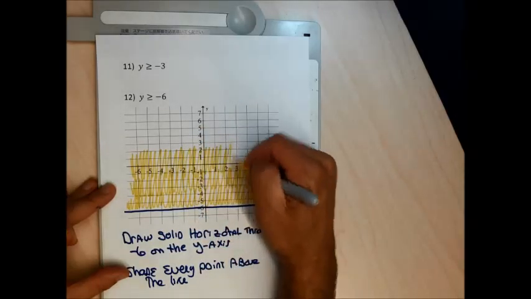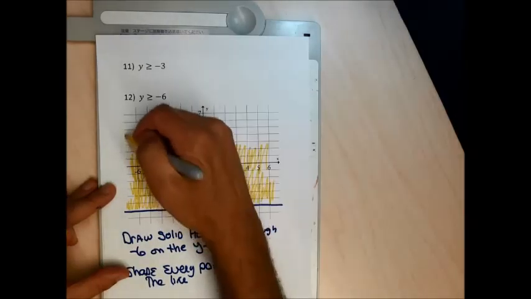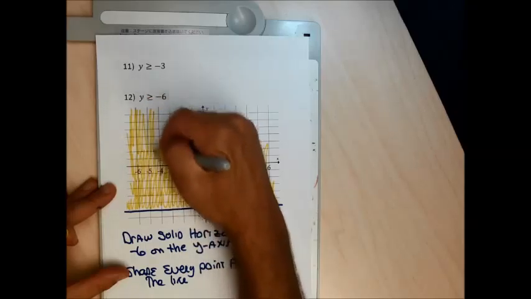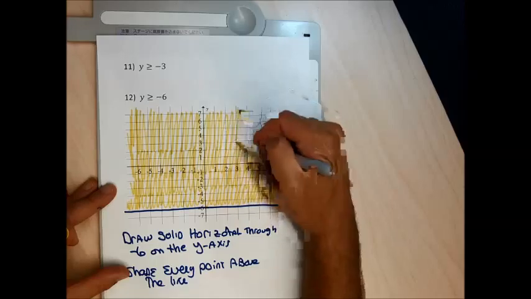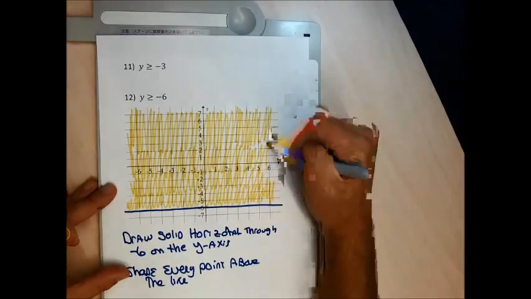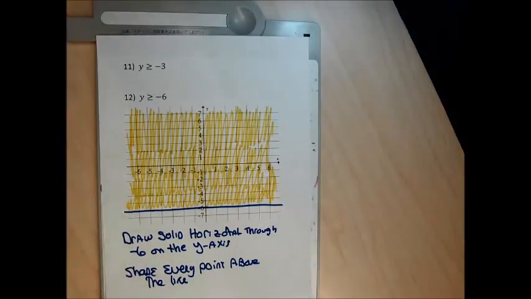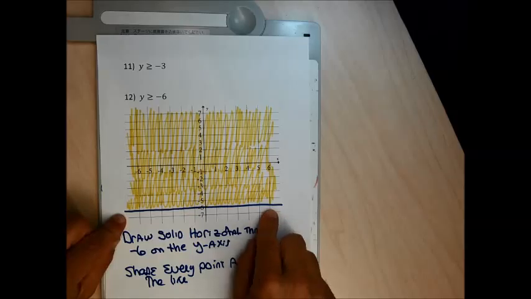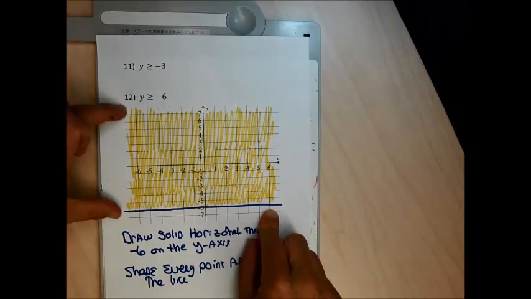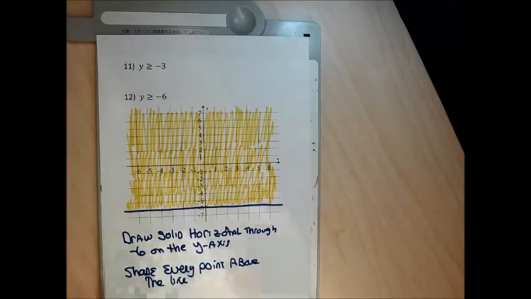And so I'm just shading every single point that's above the line. I made my graph way too big to do all this shading. So when you're doing your homework, if you make your graphs a lot smaller, you have a lot less shading to do. But this would be a picture of every point that has a y-coordinate equal to negative 6, that's that solid line, and then every coordinate point that has a y-coordinate greater than negative 6, the shading. And that's perfectly what I want to do.